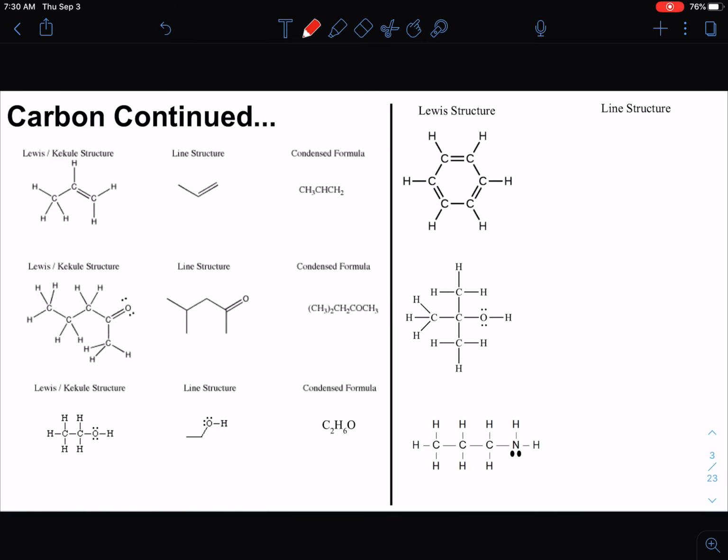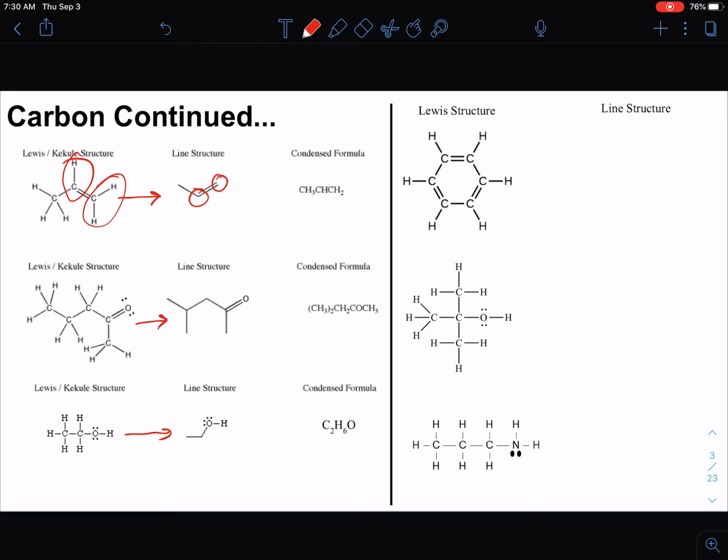And we're going to look at carbon a little more here. Basically what I'm showing you here with these structures is to transition from these structures over to line structures and how you might see them and how to recognize hydrogens and carbons. That's the point of the line structure.